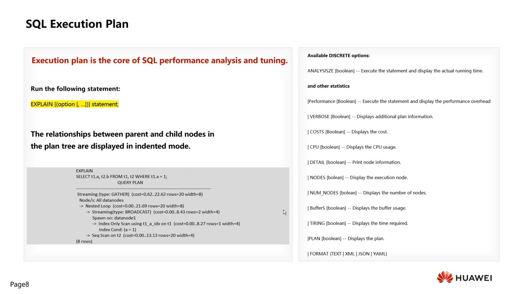And here we have one example of a SQL execution plan. We see that the scan operators obtain data on T1 via index only scan and sequential scan on T2. The data obtained on T1 is then broadcast to other data nodes for the nested loop join operation.